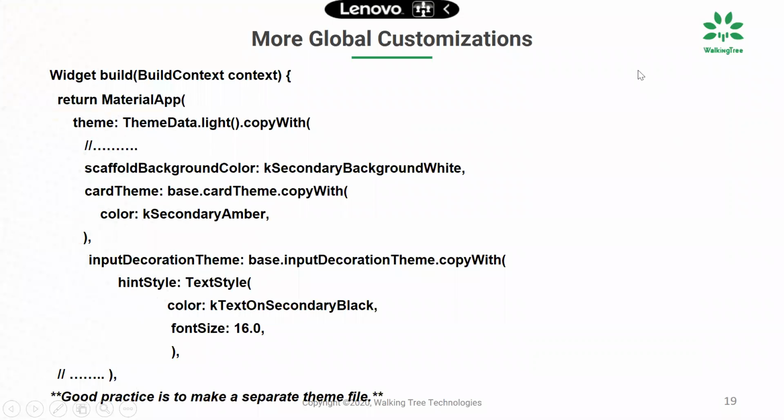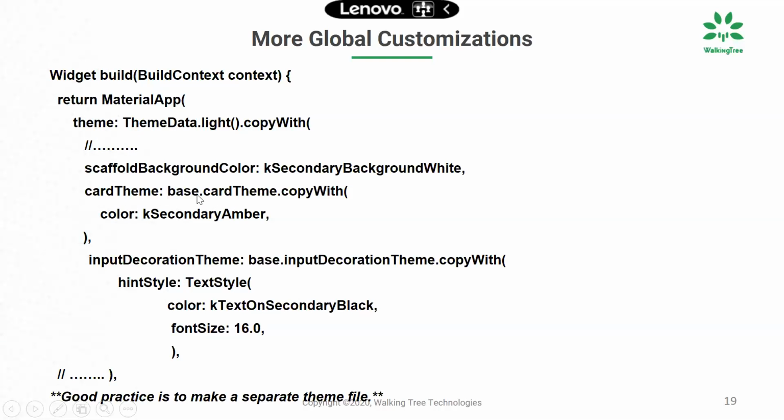So more global customizations, you have seen text theme, primary color and all. So like this, you can say theme data dot light dot copy with, scaffold, card theme. So whatever is the theme data object dot card theme dot copy with. So you will use copy with to override all these themes.